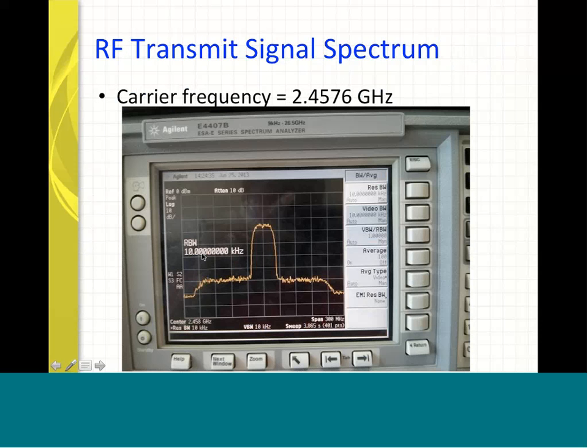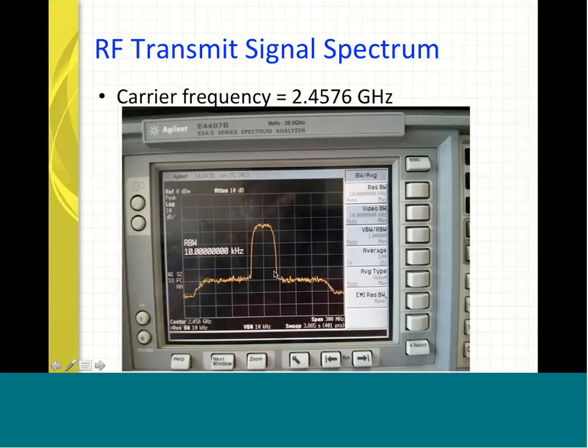This is a spectrum analyzer screenshot after we program the bit file into the FPGA and the application is running. You can see that the span is 300 megahertz, so each division in the frequency domain is about 30 megahertz.